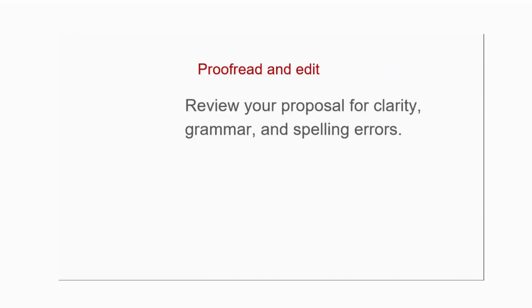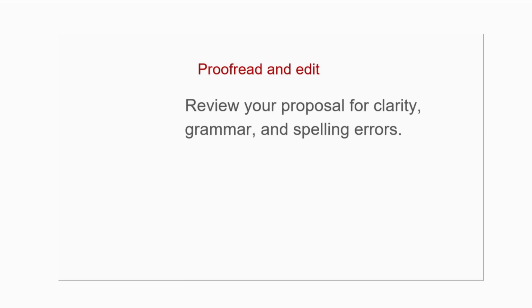So another thing is that you need to proofread and edit. Proofreading, I will emphasize, is a very important aspect of submitting your proposal. Now, when you proofread, you are trying to improve on clarity. You are trying to improve grammar and spelling errors to ensure that your proposal is readable.